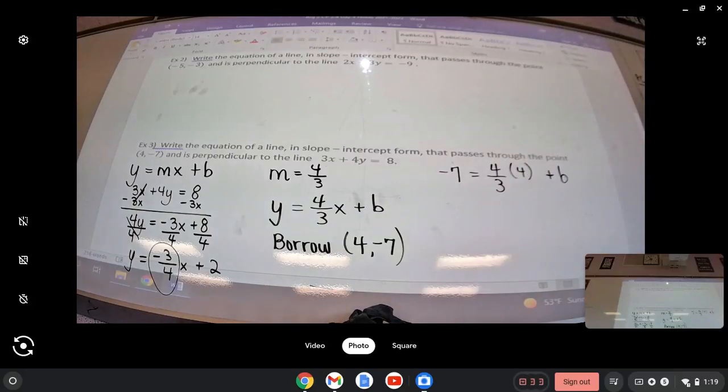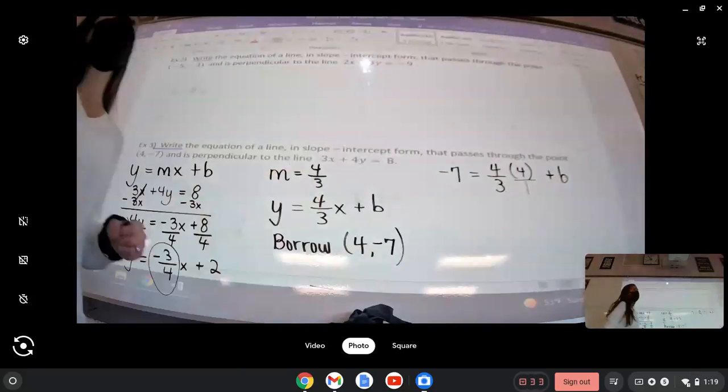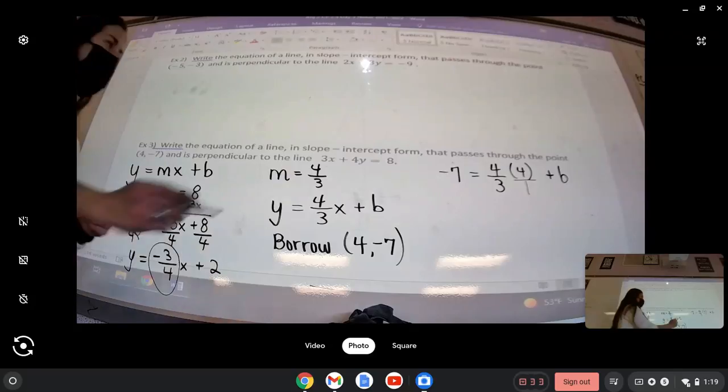All right, borrowing the point, and we're finding B. This should be coming like a routine. All right, straight across, top with top, bottom with bottom.